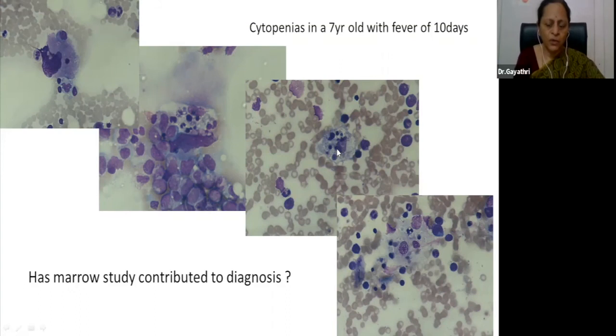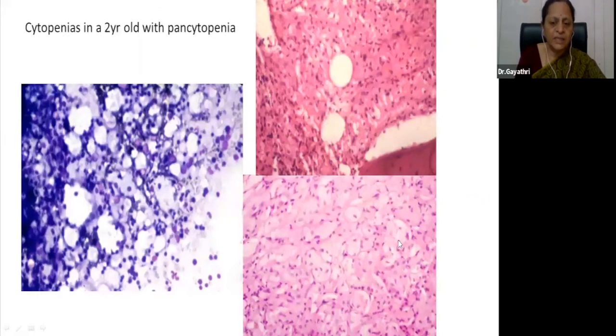HLH, or histiocytic lymphophagocytic hemophagocytosis, is a clinical emergency in a child, and the child requires to be put on a definite treatment protocol and can be saved or lost. So marrow definitely added value in that situation.